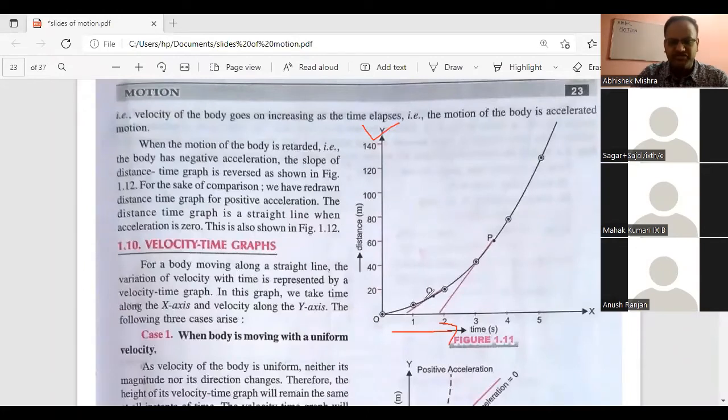These points indicate the distance which is covered in, suppose, 2 seconds, the distance covered in 3 seconds, and so on like this.